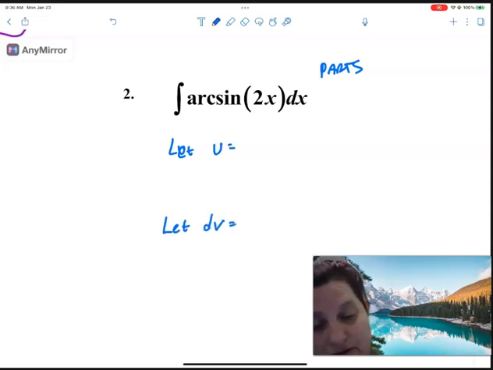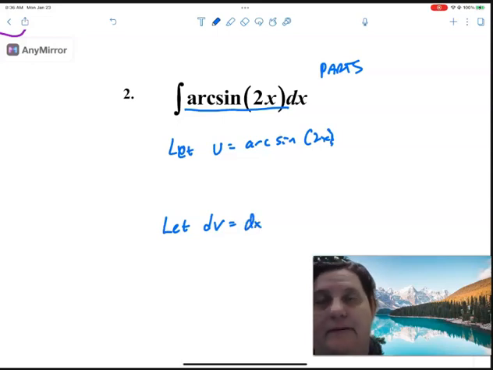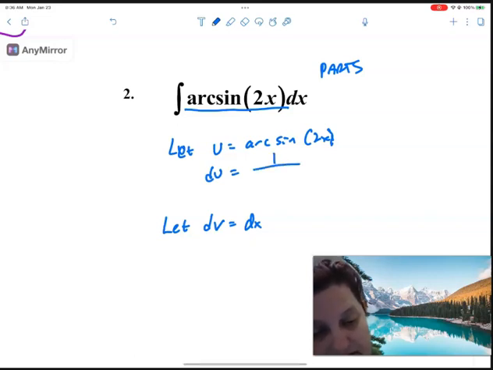So u is going to be actually this whole thing, and dv is just going to be dx. Because I know that the derivative of arcsine is 1 over the square root of 1 minus that squared, so I'll just go ahead and put 4x squared.